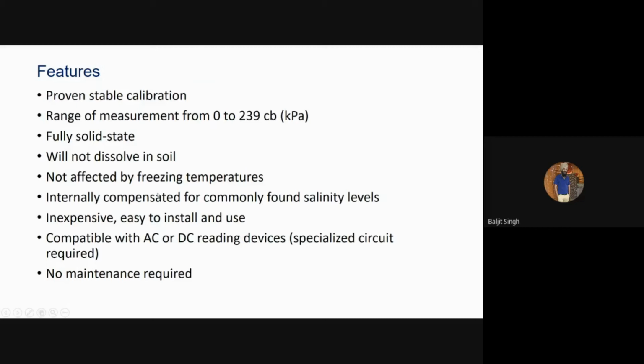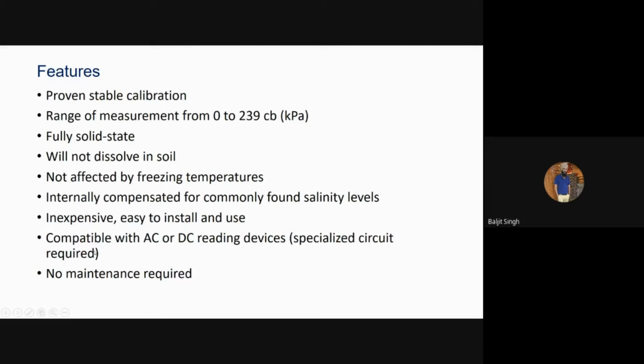Various soils are saline due to the presence of various salts and minerals, so it is already compensated or calibrated for commonly found salinity levels. It is inexpensive, easy to install and use, and compatible with AC or DC reading devices.